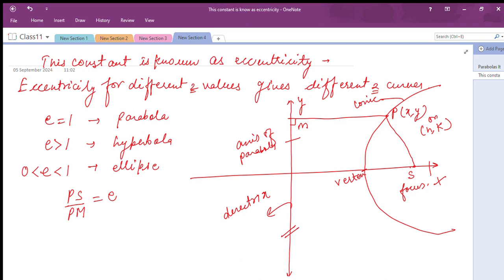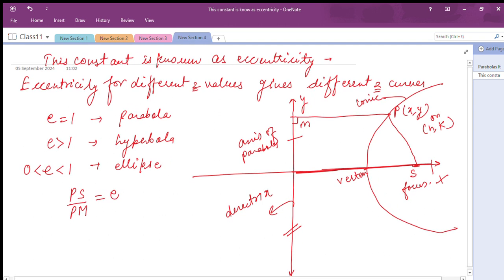A line through the focus and perpendicular to the directrix is called the axis, and the point of intersection of the conic with its axis is called the vertex.